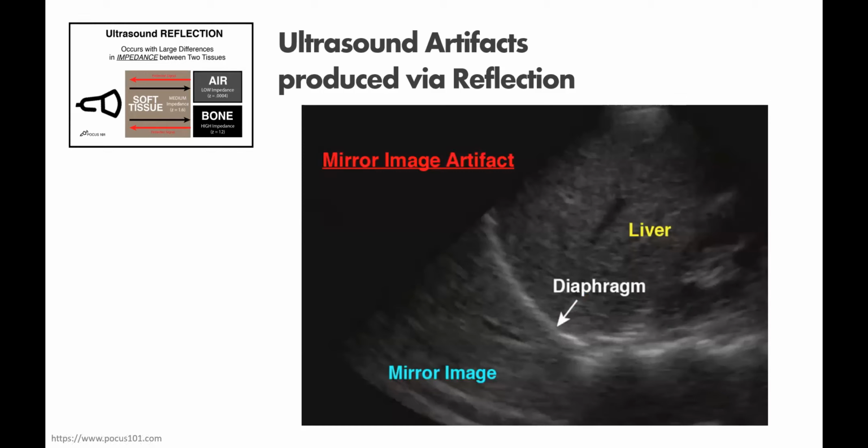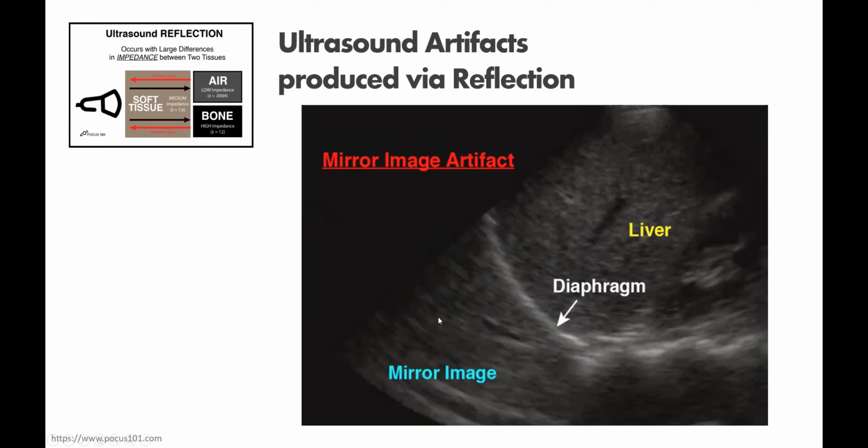Something like a mirror image artifact can also be seen when the lung is fully expanded, with no pleural effusion. The liver capsule is very thick and has a very different impedance between liver tissue and lung tissue. So there will be a reflection of the liver into the lungs, which have a lot of air.